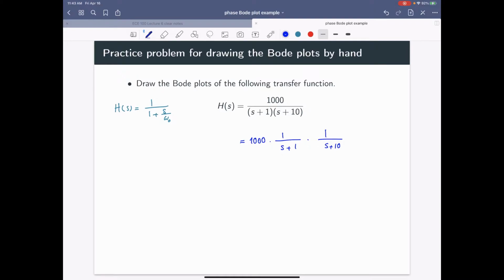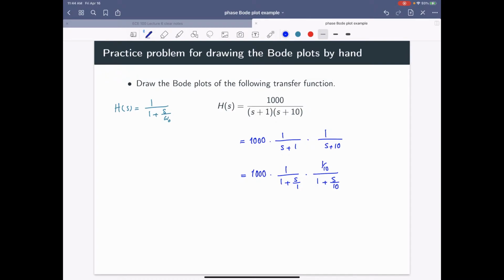I'm going to continue and write it so that the terms match that general form. That 1000 is just a constant number, so I'm going to write it as 1000 multiplied by 1 over 1 plus s divided by 1, multiplied by, in the numerator, 1 over 10, divided by 1 plus s over 10.